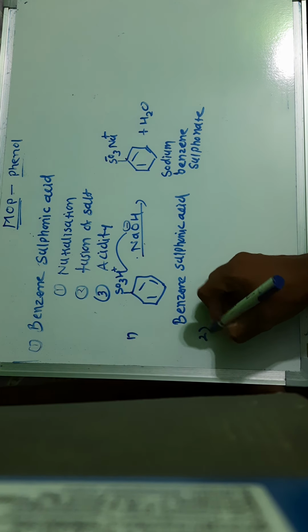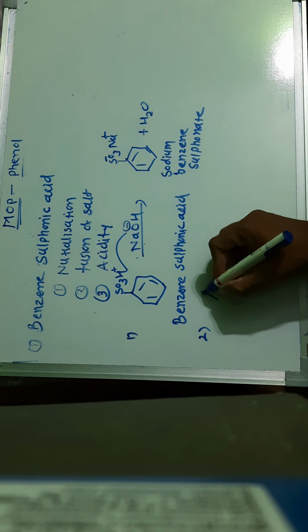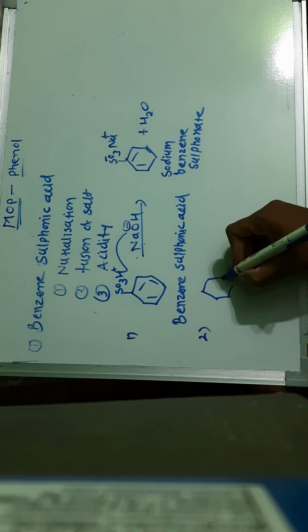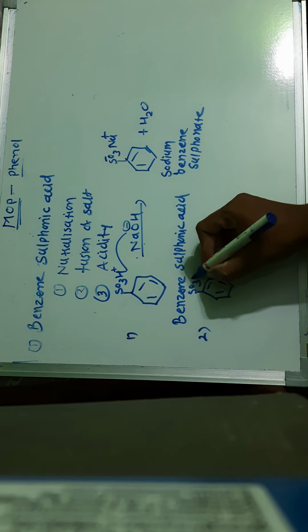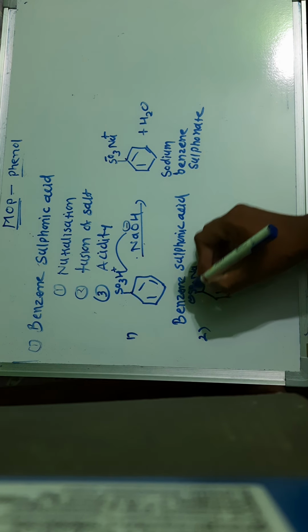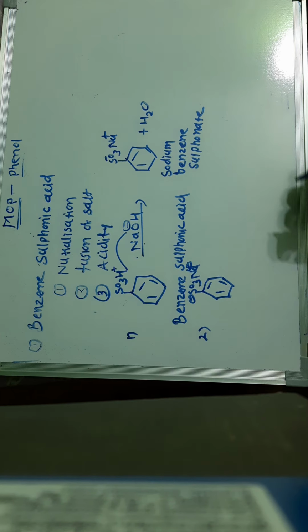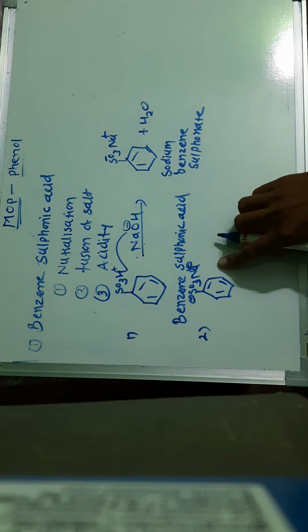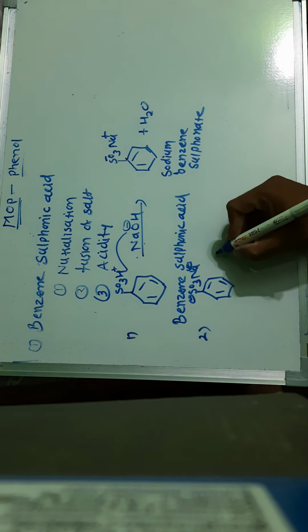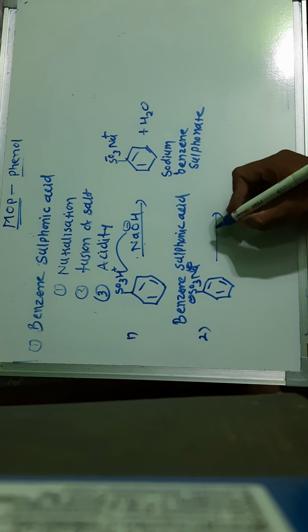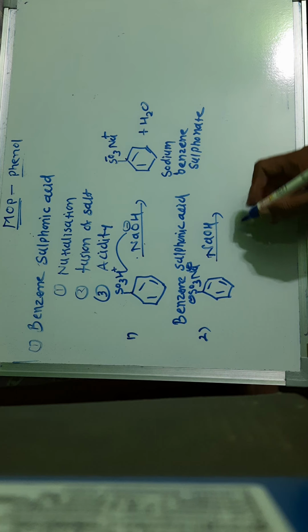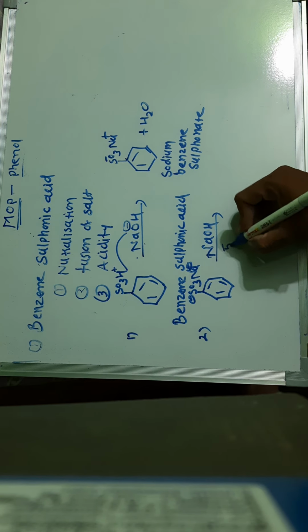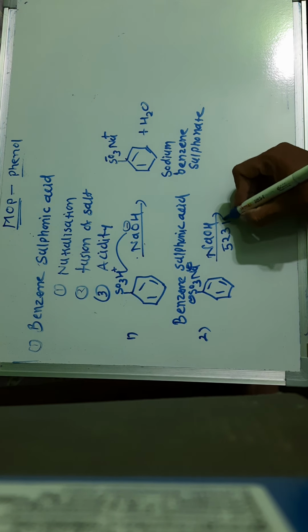In the second step, this salt, sodium benzene sulfonate, SO3 negative Na positive, is fused with 2 moles of NaOH at near about 523 Kelvin.